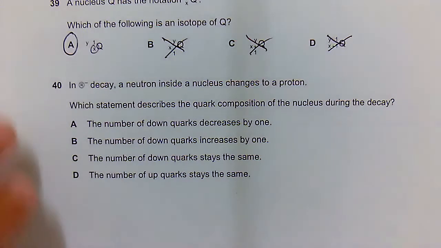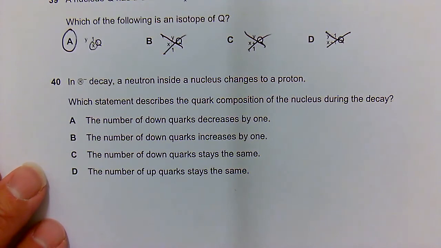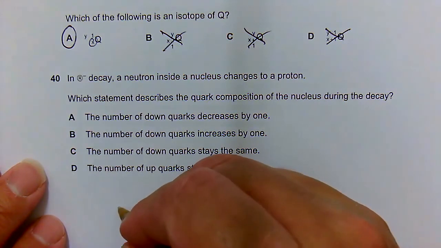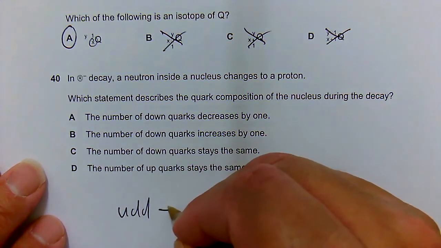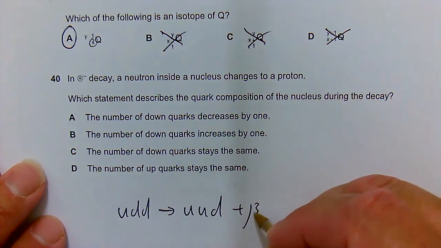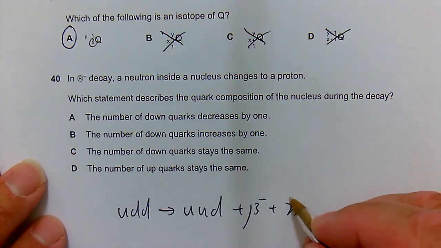In beta minus decay, a neutron inside a nucleus changes to a proton. Which statement describes the quark composition of the nucleus during the decay? If you think about it, a neutron, which is up, down, down, changes to a proton, up, up, down, plus the beta minus and an anti-electron neutrino.